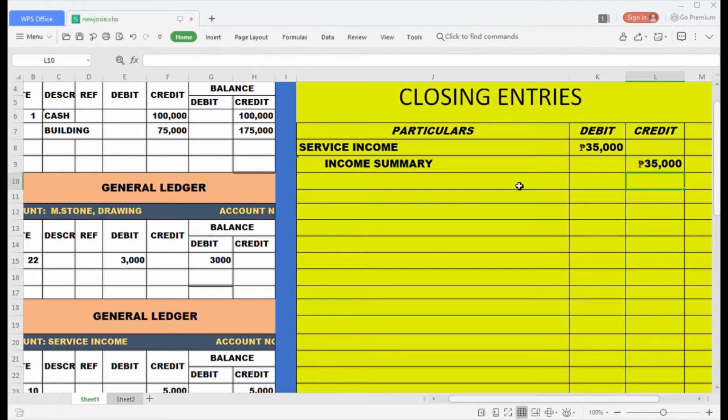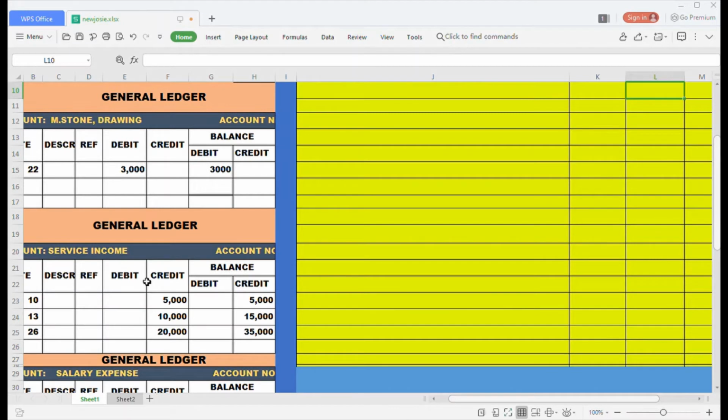We are going to close our general ledger. Service income 35,000. So December 31, and for our description this will be closing entries or CE, and then debit 35,000. Credit, and the opposite is debit, so we subtract. So our balance here is zero.